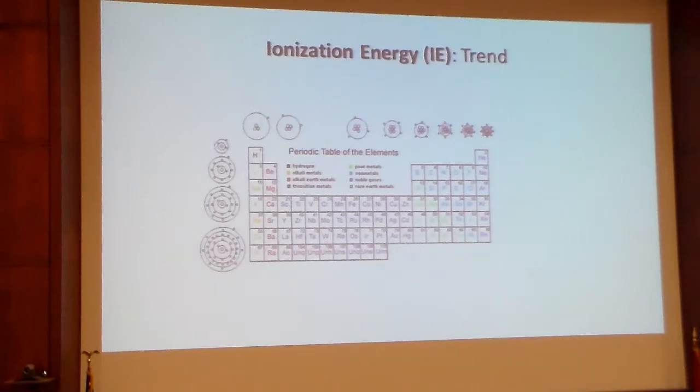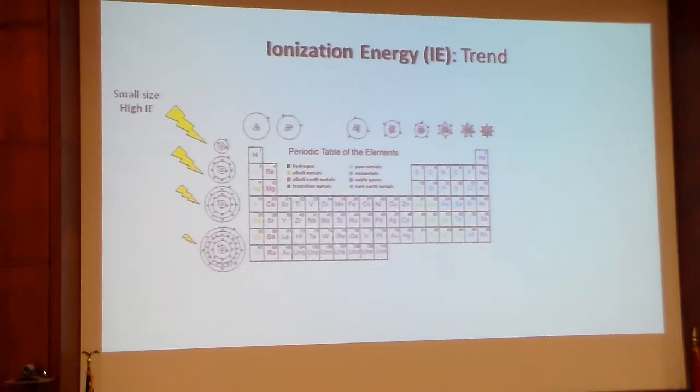Why lithium? The outer electron is closer to the nucleus. As the size gets larger, the outer shell electron is far from the nucleus, so there is less interaction and we need less energy to remove an electron.